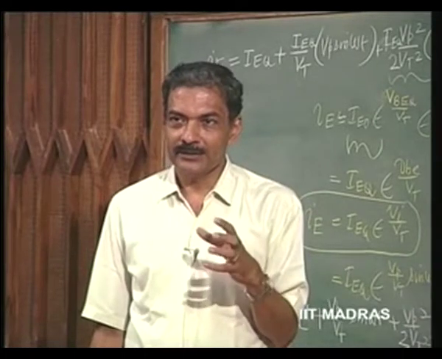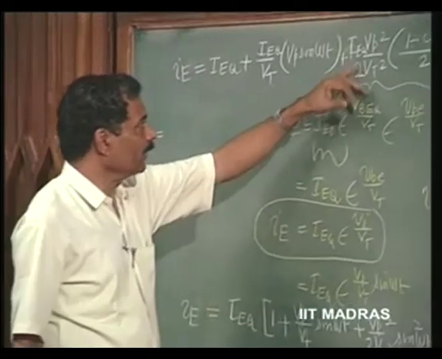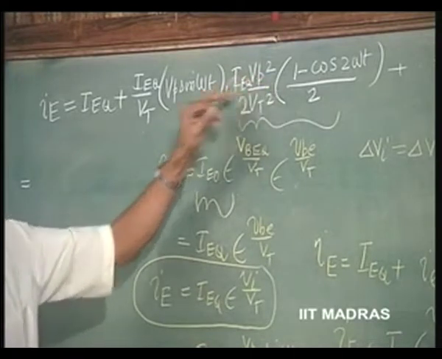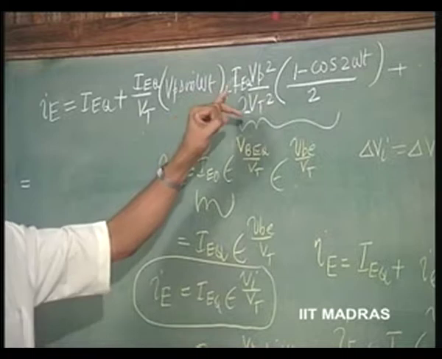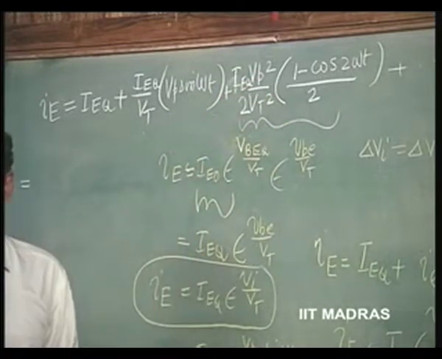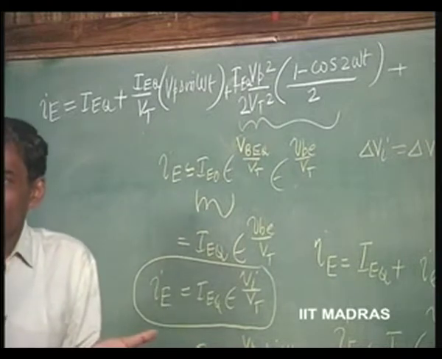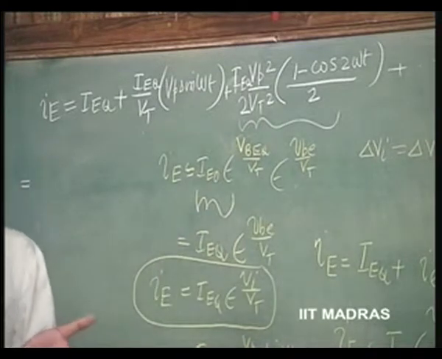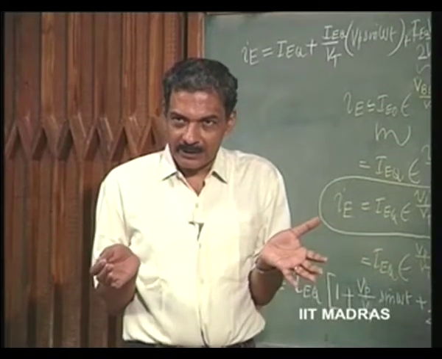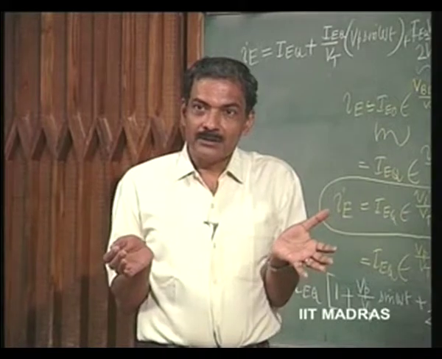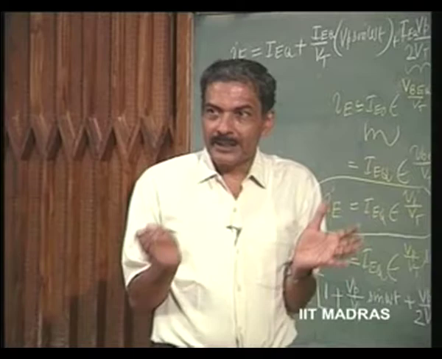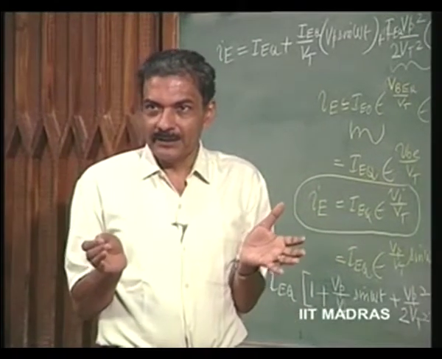Is this understood? Because the shift in the DC operating point, by an extent, earlier IEQ gets shifted to IEQ into Vp squared by 4 Vt squared. So, that will straight away give you an idea about Vp squared by 4 Vt squared, a simple measurement technique of what? Distortion. The extent of second harmonic distortion it is giving, okay.